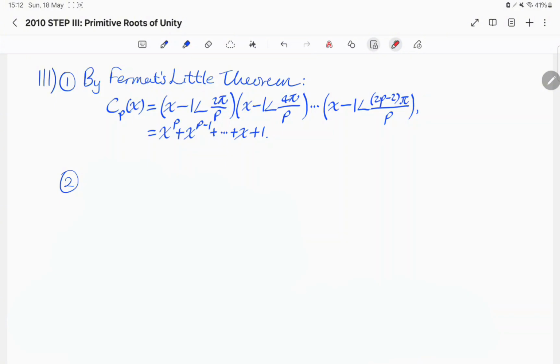Using Fermat's Little theorem directly, we have that all complex numbers of the form e to the 2k pi i over p are primitive roots of unity, and therefore the factors of Cp of x are equal to x take away e to the 2k pi i over p.